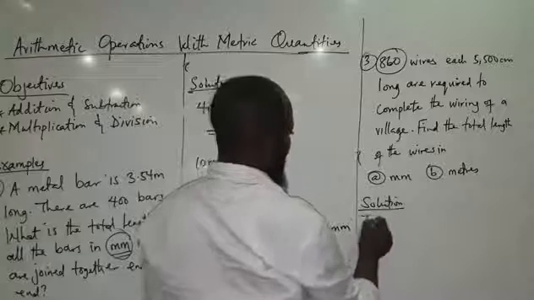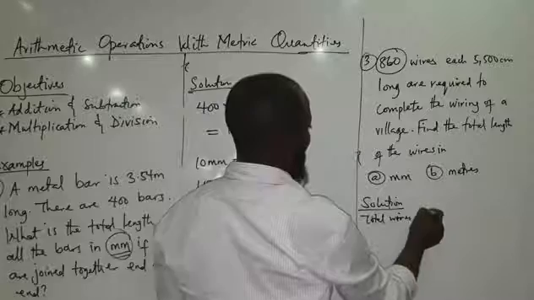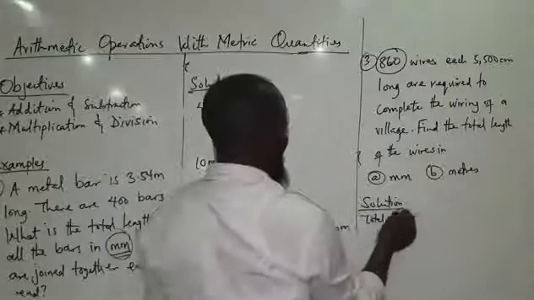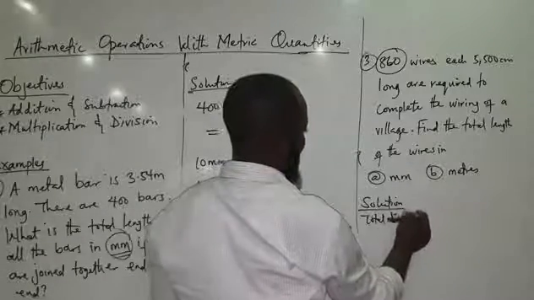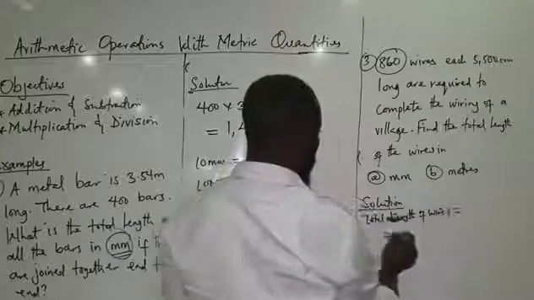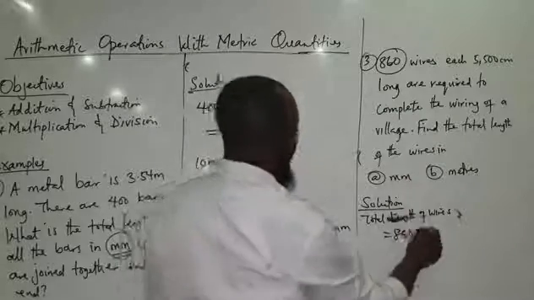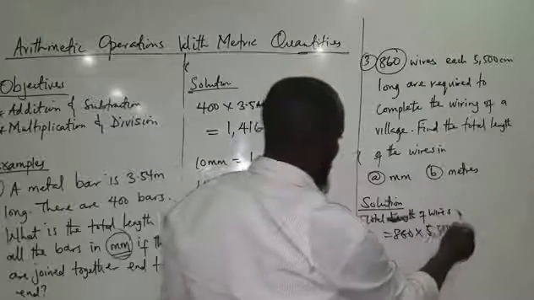total length of wires will then be equal to 860 multiplied by what? 5,500.